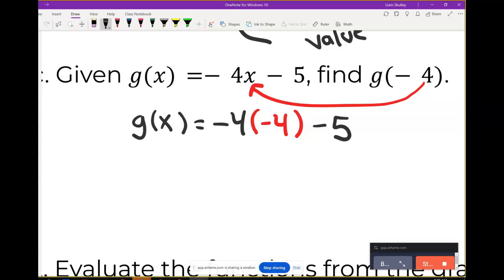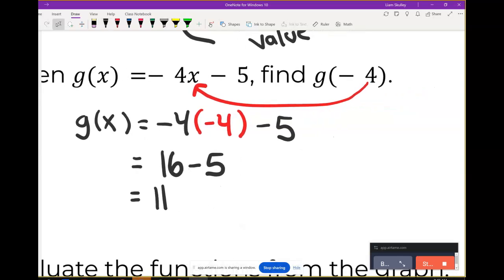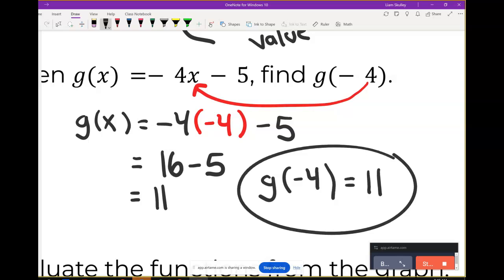I simplify. -4 times -4 is +16. I have 16 minus 5. That would be equal to 11. So I could say my input when g is -4, my output is 11.